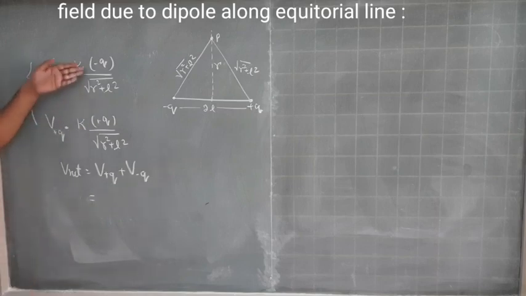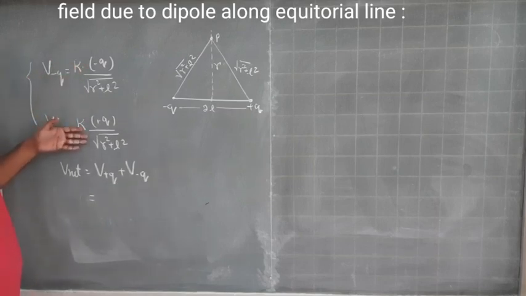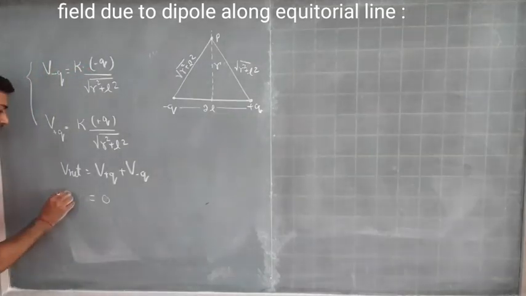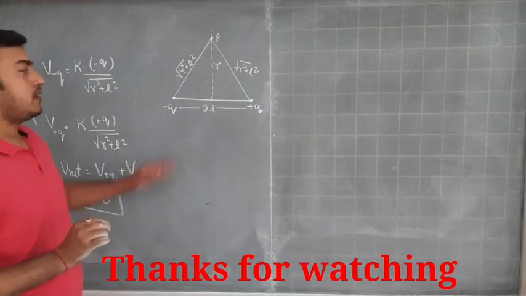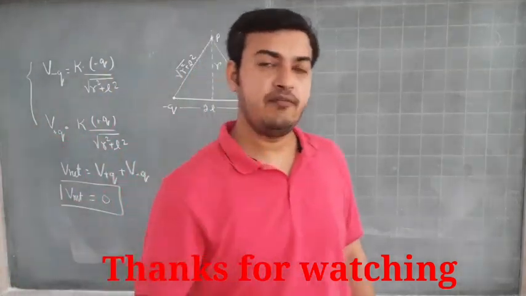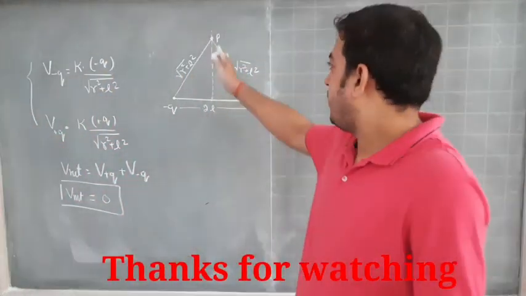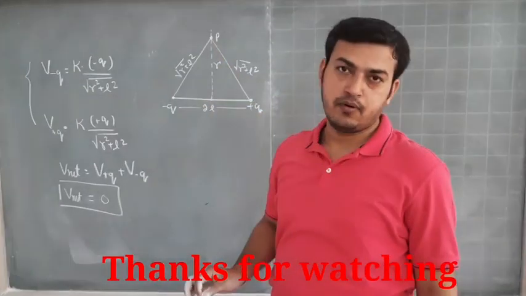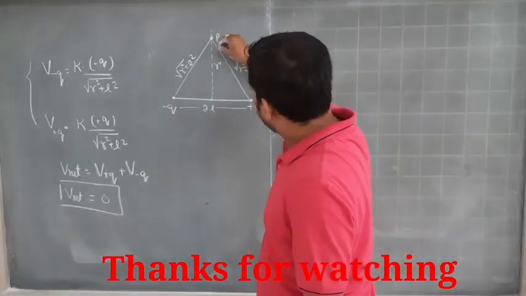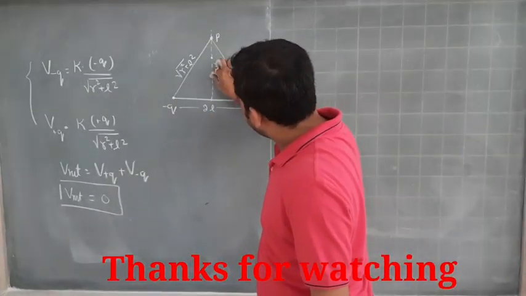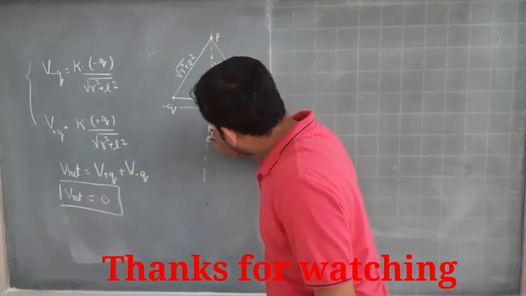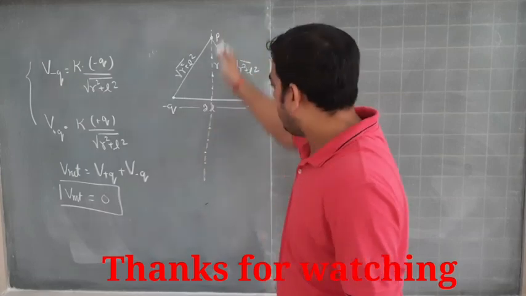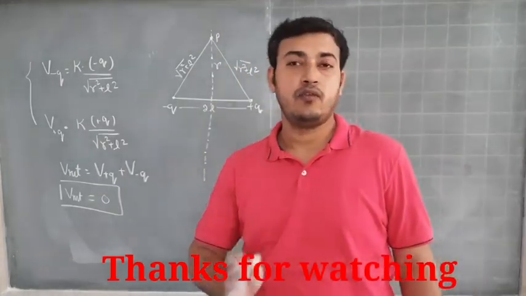As you can see clearly, these two are the same terms, one positive and another negative, so the net potential is going to be 0. It means the potential at every point along the equatorial line of the dipole is 0. The potential here will also be 0, and if I extend it downwards, the potential at all the points along this equatorial line will be 0.